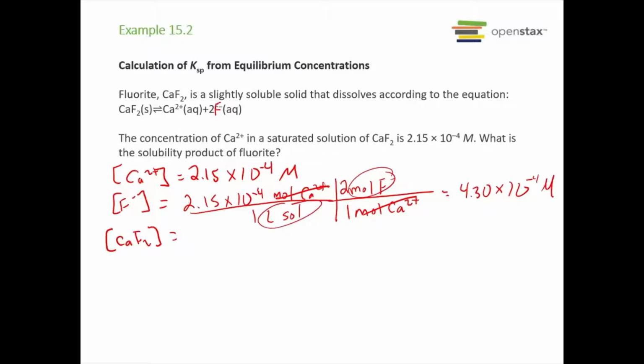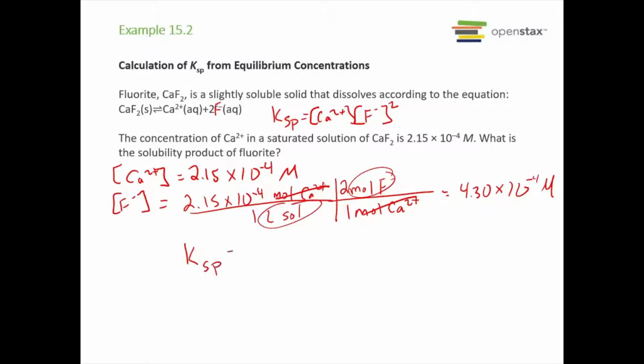We don't even need to know the concentration of CaF2. And why don't we need it? Because it's a solid. It's not part of our Ksp expression. Okay, Ksp is equal to Ca2+ times F- squared. So now we know our information.